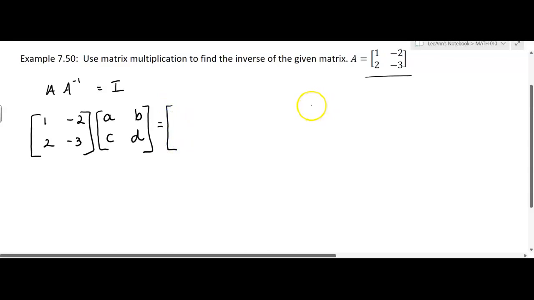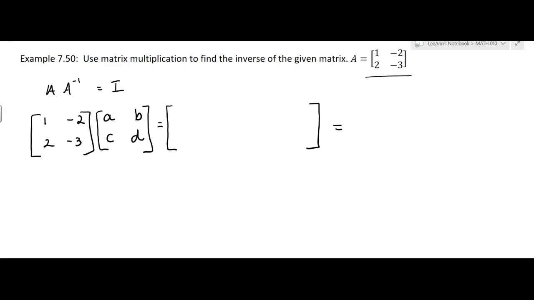Now, I'm going to put a space here. Let's go ahead and do the multiplication.